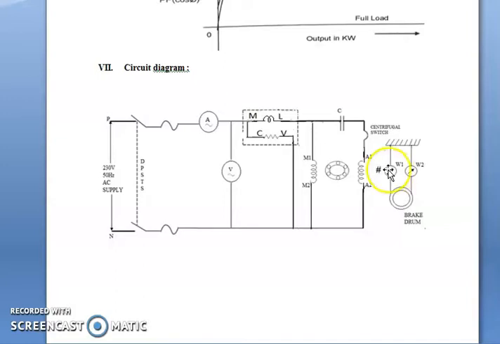Similarly, we are applying the brake load arrangement to the single phase induction motor. So this is the single phase induction motor, and the brake drum arrangement is connected to it.